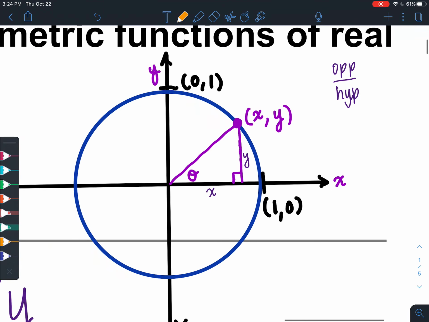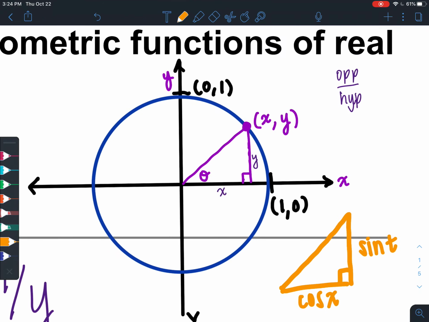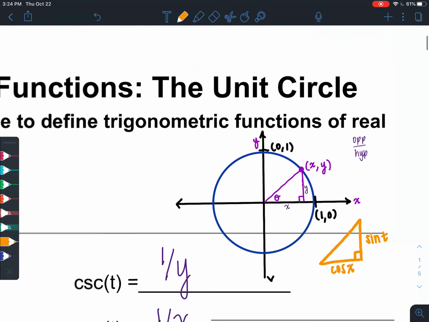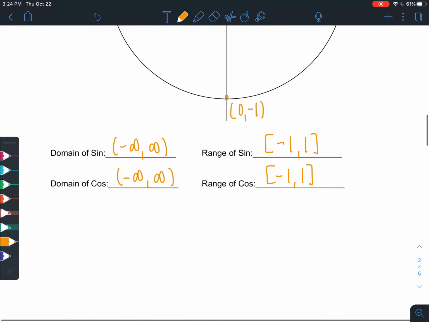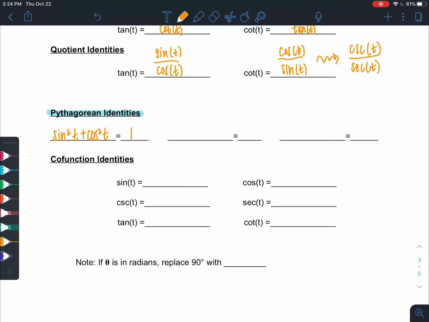And so we said one side, let me draw the same thing, was our y, sine, and x is cosine. And we know that a squared plus b squared equals c squared. Well, sine squared plus cosine squared is going to be equal to 1 because the hypotenuse is always 1, since it's the radius. So that is where this equation comes from. So sine squared plus cosine squared equals 1.